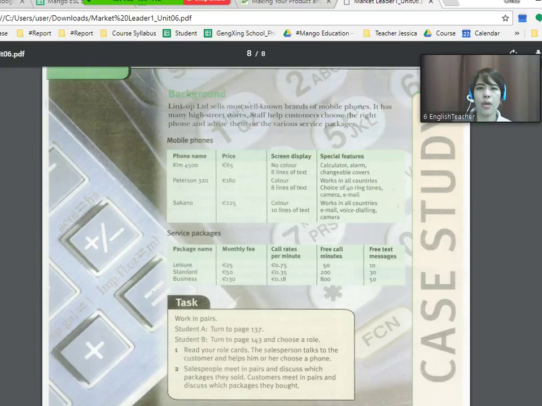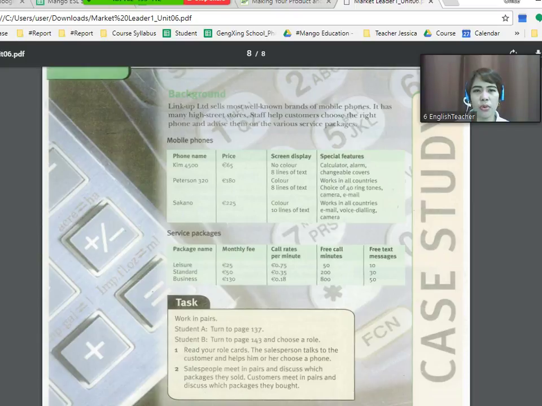We have the screen display or the features that we have on the phone, and we have the special features, which are also known as the additional features. So we have no color, 8 lines of text, color, 8 lines of text, and then color, 10 lines of text.